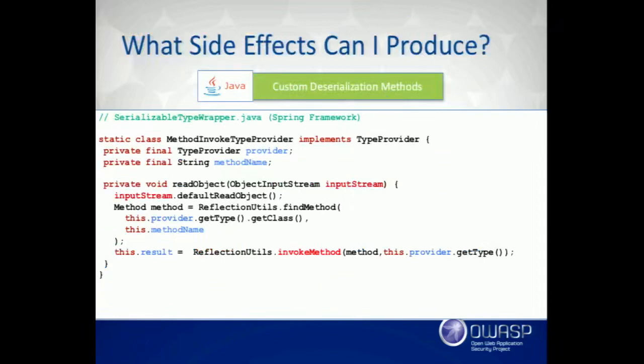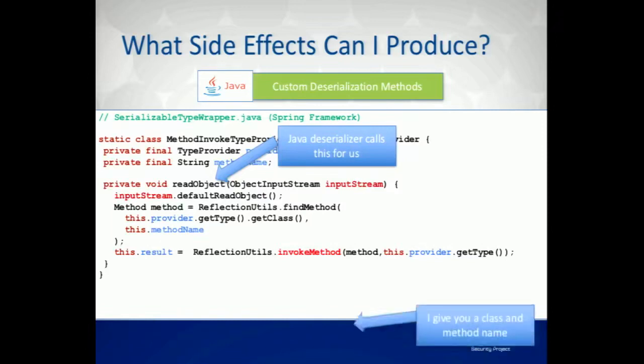So this is an interesting type provided by Spring. The purpose of the object is really irrelevant. It's some type deep in the bowels of Spring. But if I ask you to deserialize this type, Java will call this read object for us.